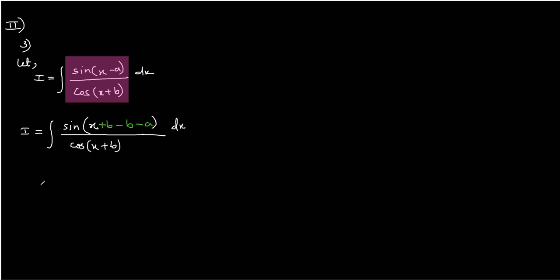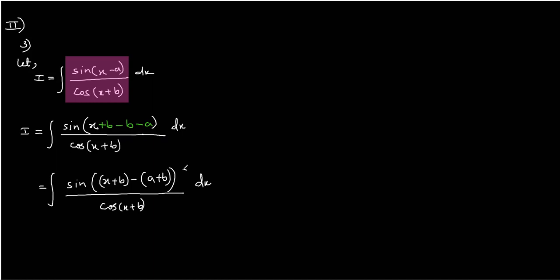Next step. So you have sine of x plus b in one bracket, then I take negative common, I get a plus b in another bracket, and here I have cos of x plus b.